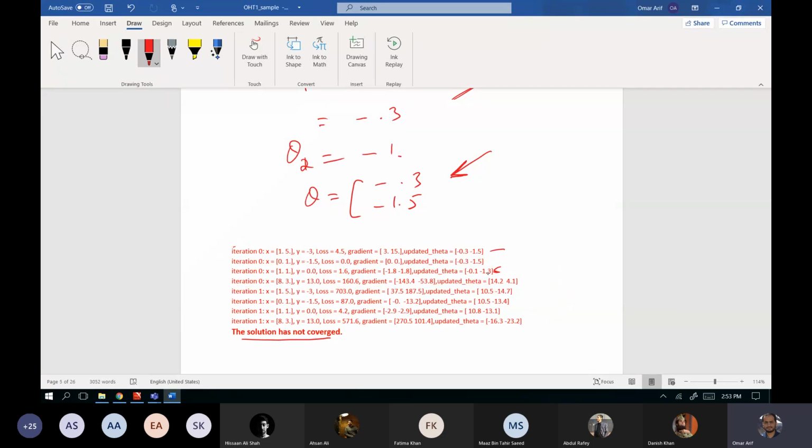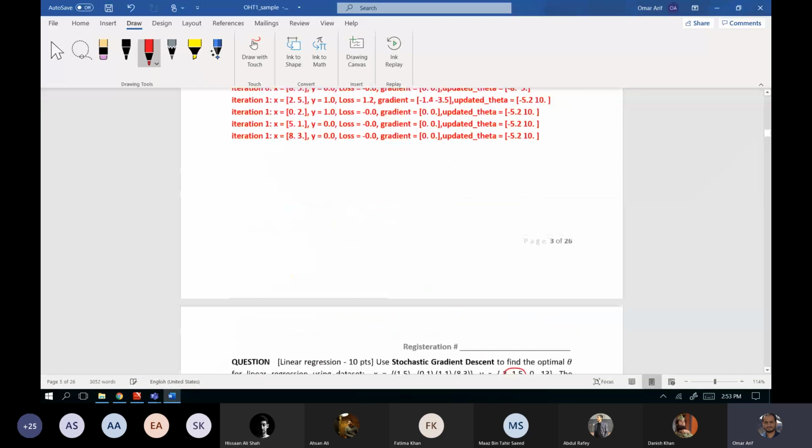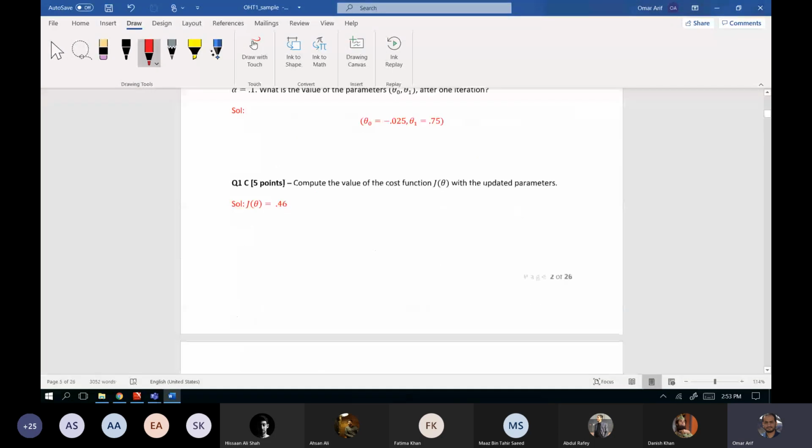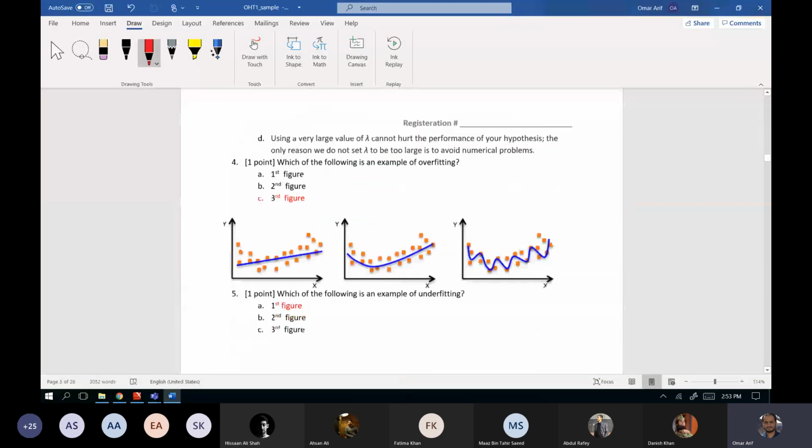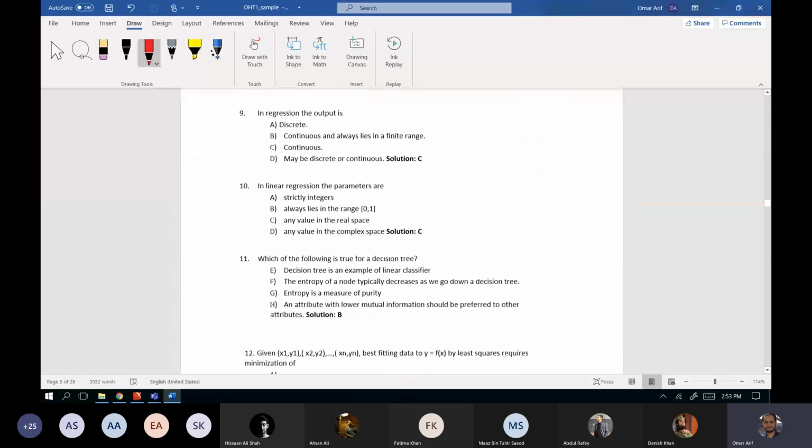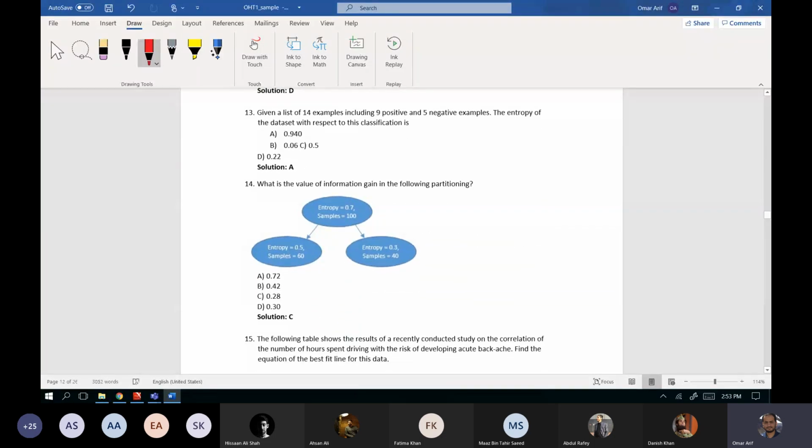Also go through all the different questions in this document. It contains sample questions that you can expect to see in your OHT1, mostly from decision trees, naive Bayes, and linear regression, and the next topic that we are going to study now is logistic regression. So we take a break and restart at 3 o'clock.